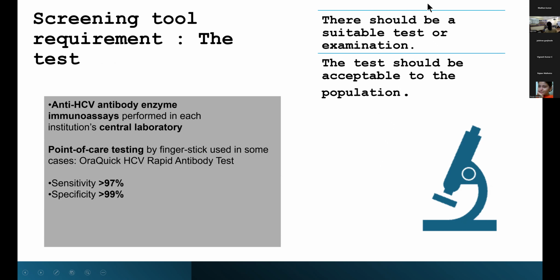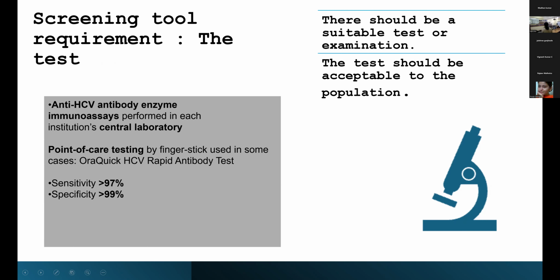And two, you need it to be good. Remember SpPIn and SnNOut. You want a highly sensitive test to rule out the disease at a screening stage. If you had a 50% sensitivity, that's not a test you should be using. You want high sensitivity so you can rule out the disease.